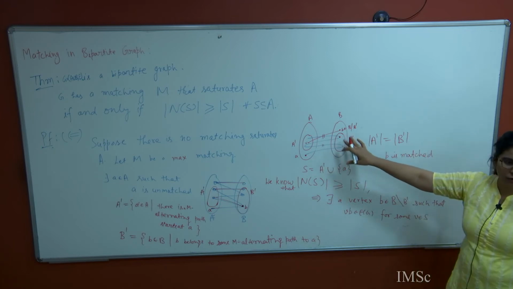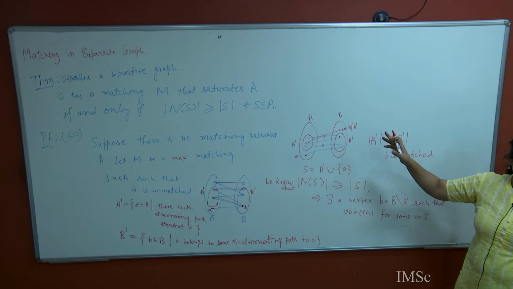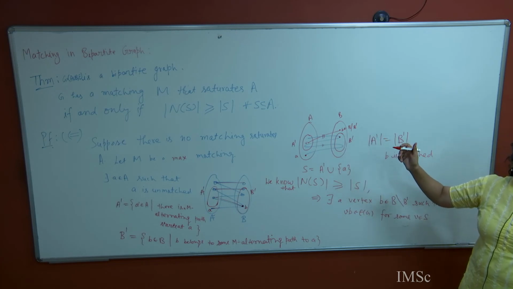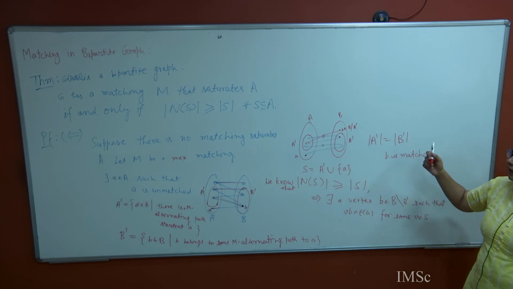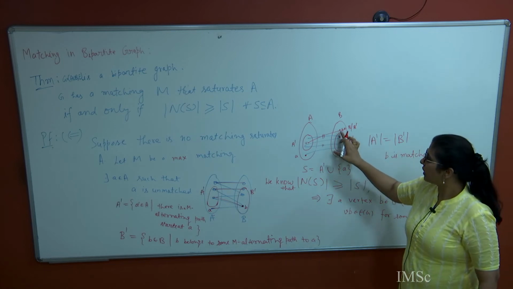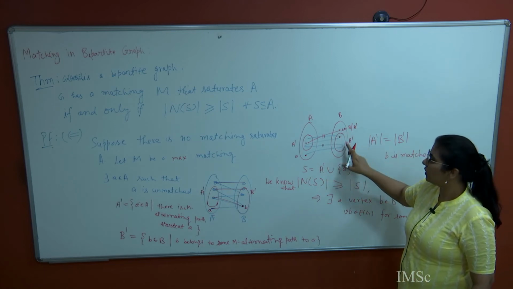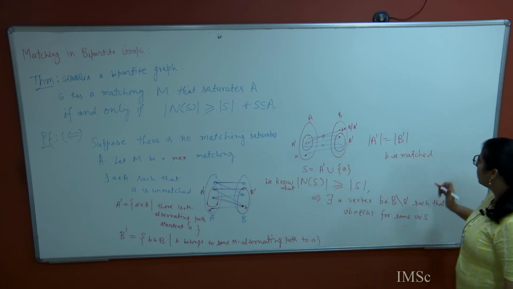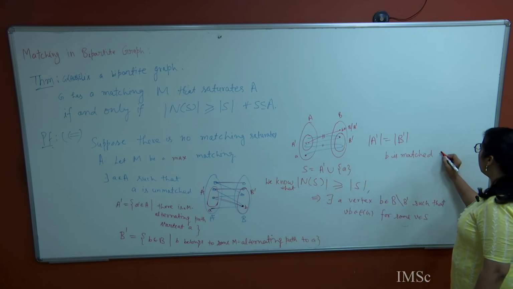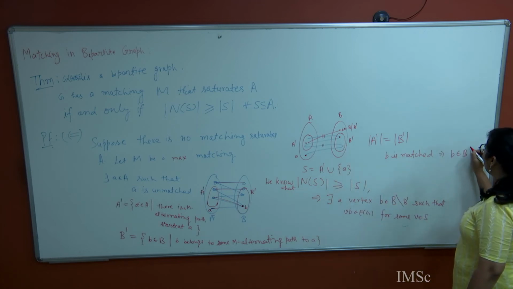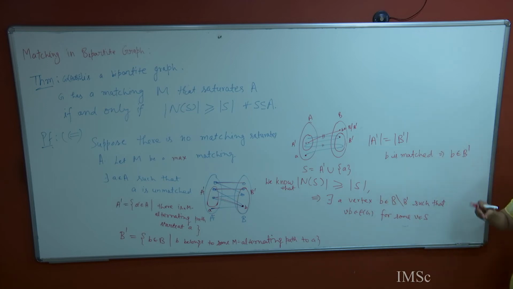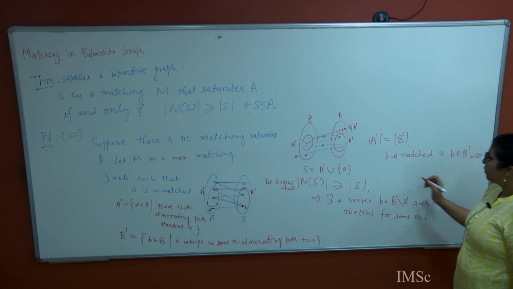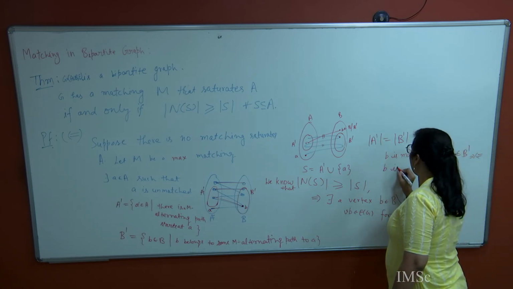If B is matched, then B should be in B prime, right? If B is matched, then B should have been in B prime, but we picked B from outside B prime. So, this can't happen.